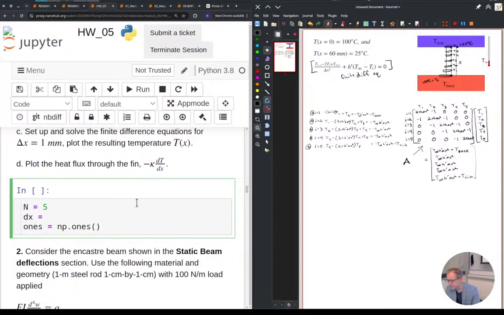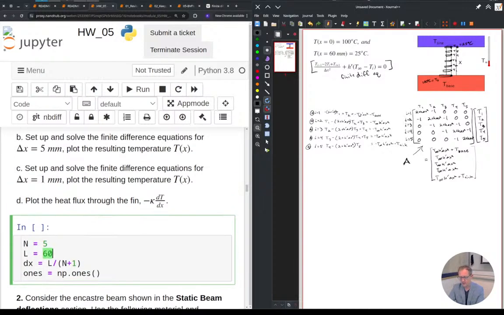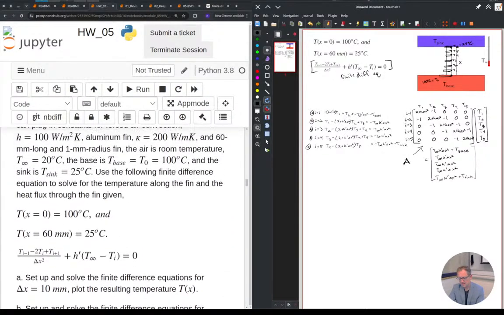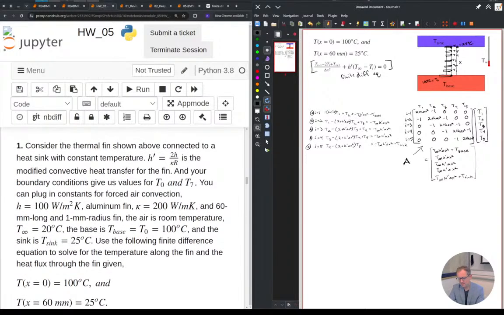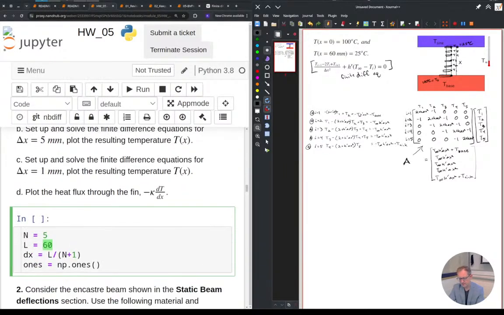So if I have 5 nodes that I'm solving for, dx is going to be L over n plus 1. And L is 60 millimeters. I'll do 0.06.